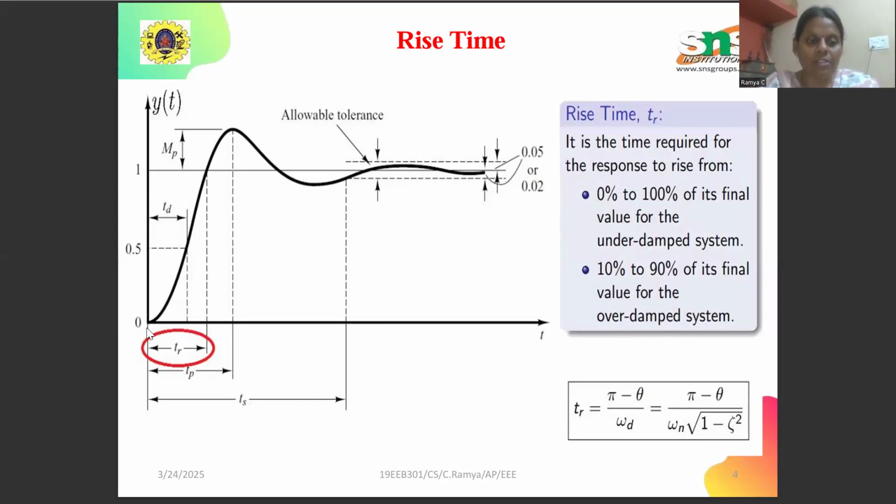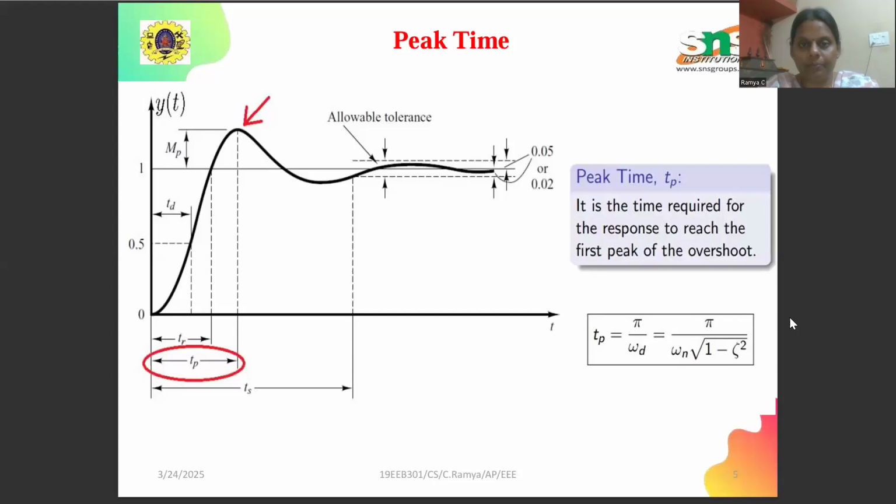This we can express as TR equal to pi minus theta divided by omega d, where omega d is the damped frequency.